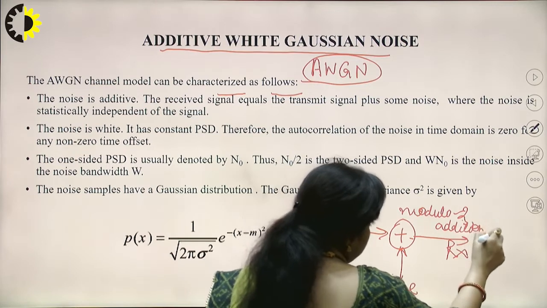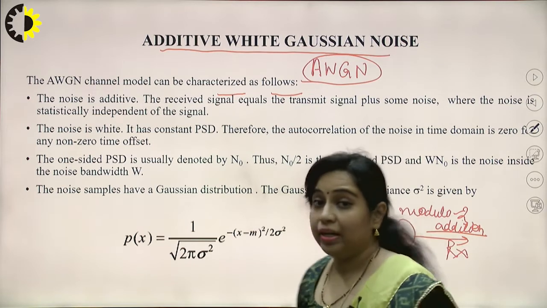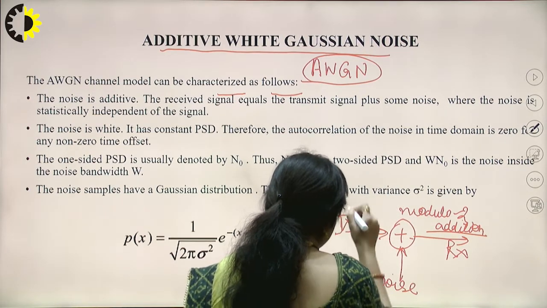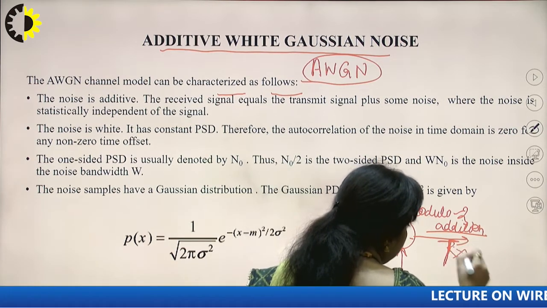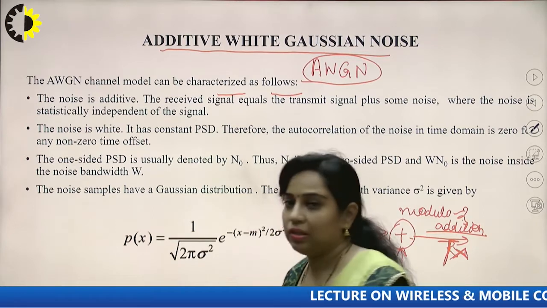So you can also say that this is the addition of the two signals, the input signal and the noise, and this is the signal that has to be transmitted. So this is how the model is designed, a very simple kind of model.